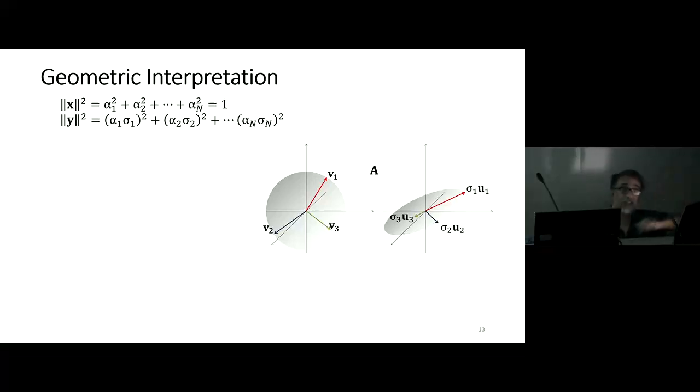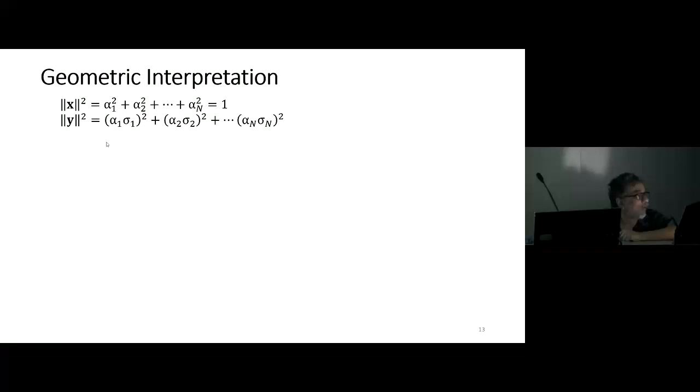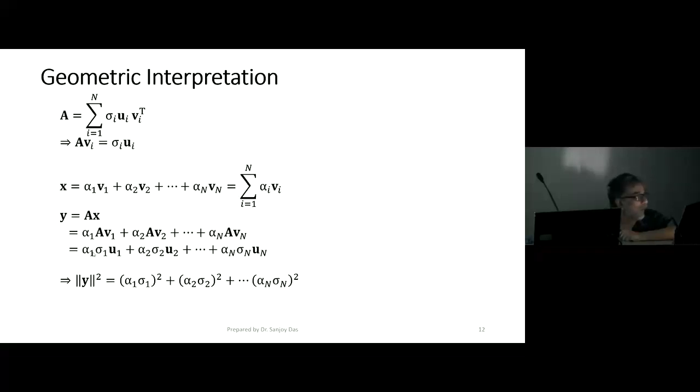Okay, the directions would change. So this is V1. Remember, this is the orthogonal basis set for the Y's, in n dimensions, U1, U2 until Un, right?